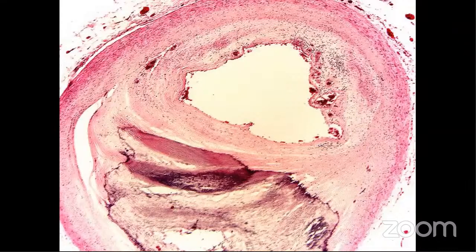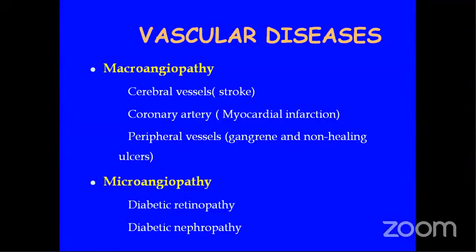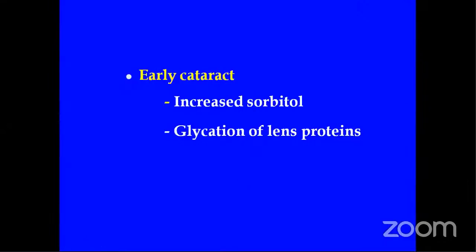Okay. Yes, sir. So these are the main microvascular complications, meaning diabetic retinopathy and diabetic nephropathy. And macrovascular complications: stroke, myocardial infarction, gangrene, ulcers. Is it clear now? And then cataract.